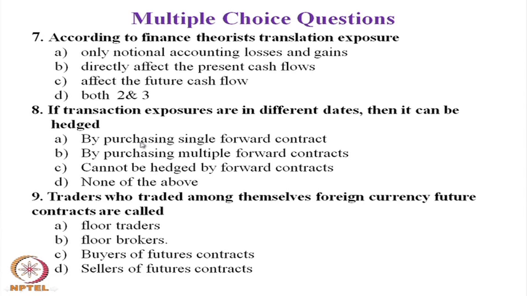Since the exposures are on different dates, you have to purchase multiple forward contracts, one forward contract for each exposure date, for absorbing transaction exposure which has different dates.